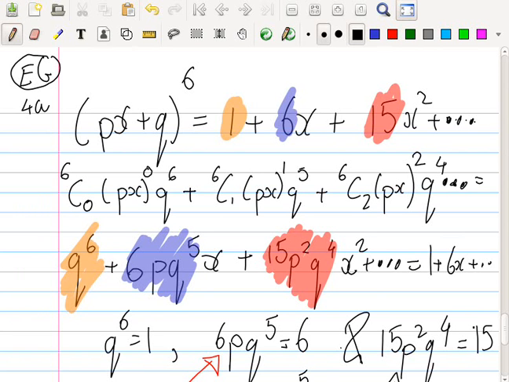Q can be -1. No, because the 6 is an even number. There's a problem if it's odd. You're right, it could be a positive or a negative, if it's an odd number, yeah.